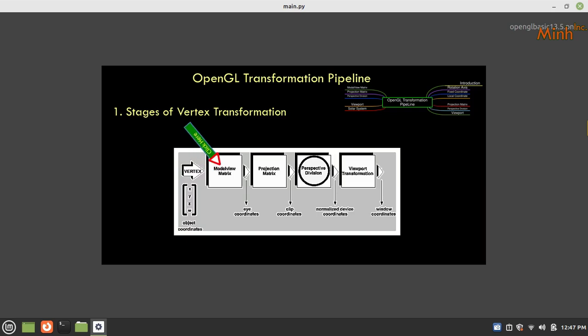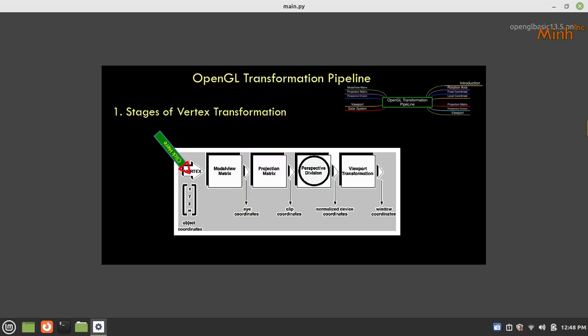Then the model view matrix comes into the picture when we do the transformation. When the model is drawn at the origin and then has movement, rotation, scaling, whatsoever, it modifies the model view matrix. And whatever the new coordinate is, that is called the eye coordinate.